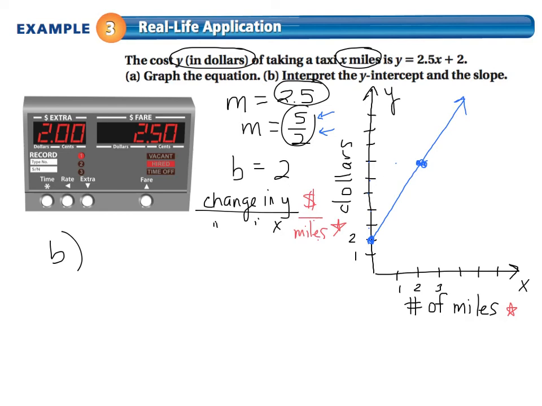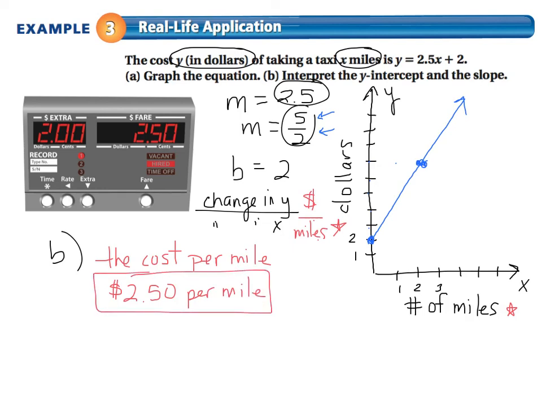So what does your slope of 2.5 mean? It means the cost per mile. So the slope says $2.50 per mile is what the taxi driver costs. Now the y-intercept, it's right here. What does that mean?